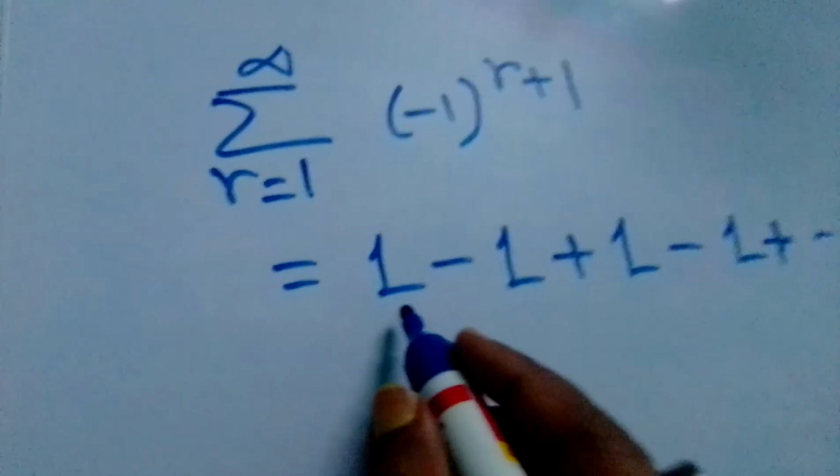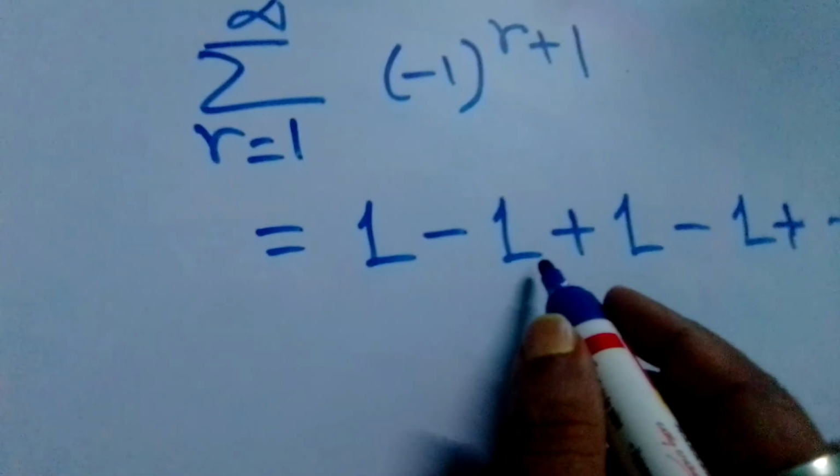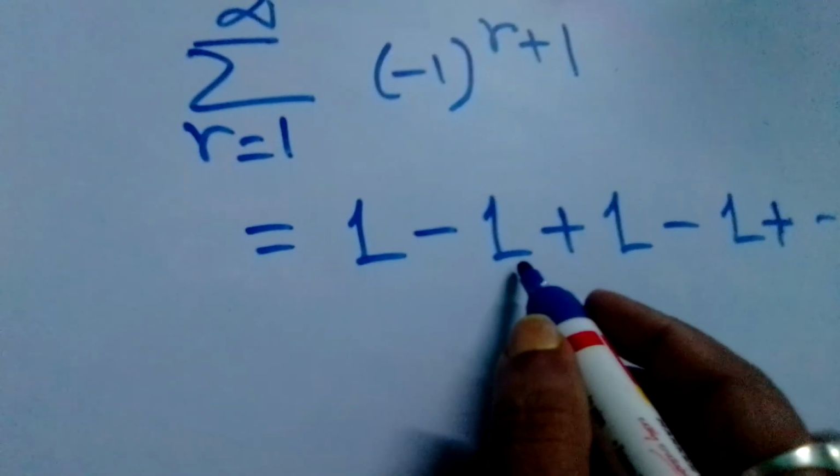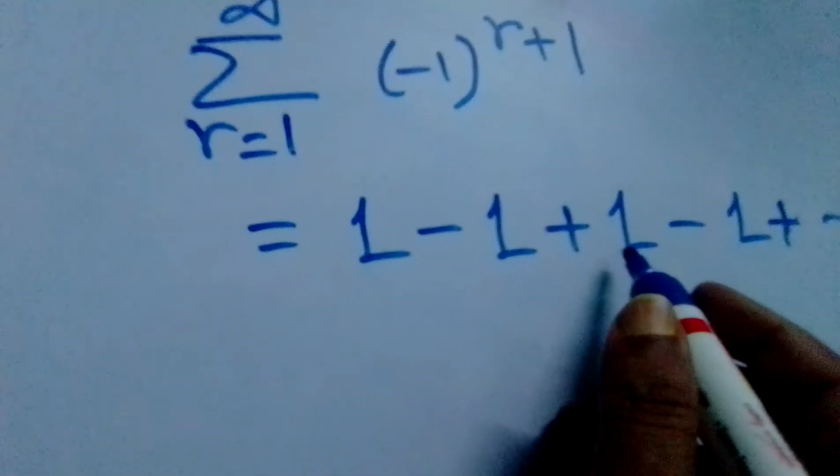First, if we take an even number of terms, that is 1 minus 1, that will obviously be 0, and if we take an odd number, that will be 1.